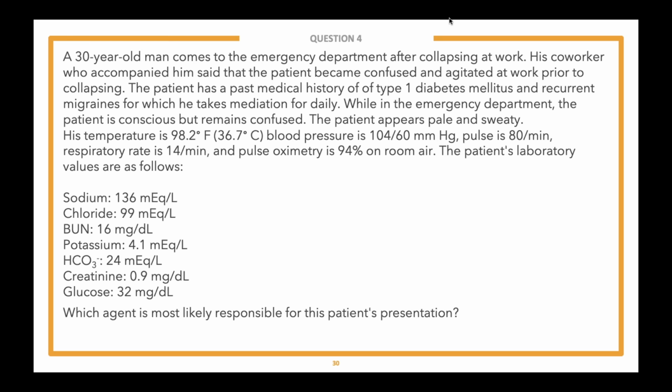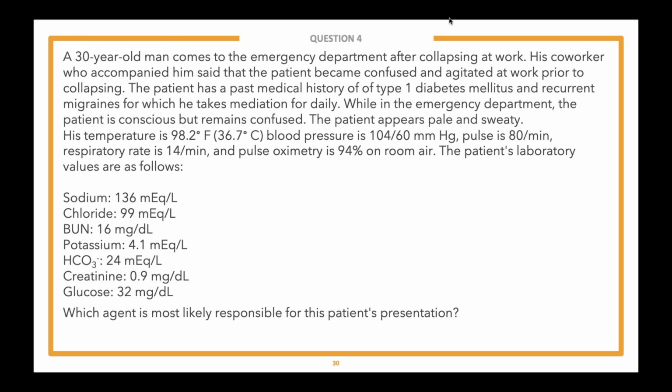While in the emergency department, the patient is conscious but remains confused. The patient appears pale and sweaty. His temperature is 98.2 degrees Fahrenheit or 36.7 Celsius. Blood pressure is 104/60 and pulse is 80 per minute. Respiratory rate is 14 per minute and pulse oximetry is 94% on room air.